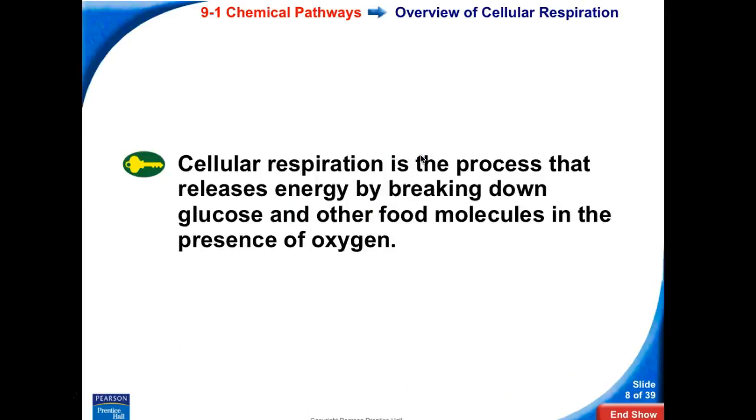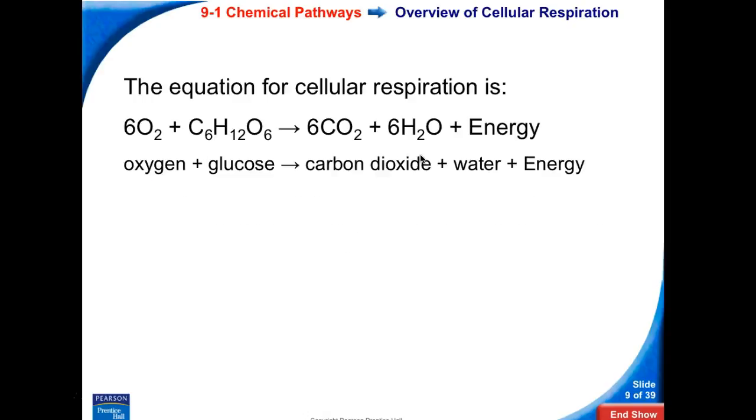So cellular respiration is the process that is releasing energy by breaking down glucose and other food molecules in the presence of oxygen. This is a key concept. The equation for cellular respiration is 6O2, oxygen, plus C6H12O6, which is glucose, is going to yield 6CO2 plus 6H2O plus energy.